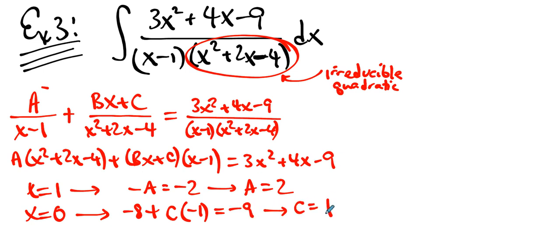And this tells us that c is 1. And then the third substitution can be any number you like. I chose x equals 2, and when I chose x equals 2, I solved an equation and came up with the fact that b is 1.